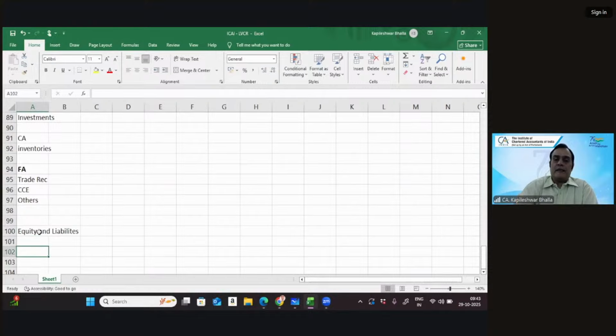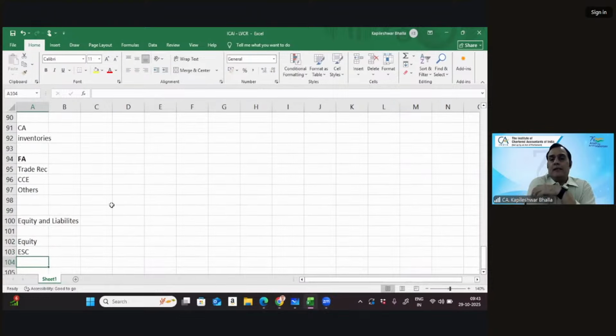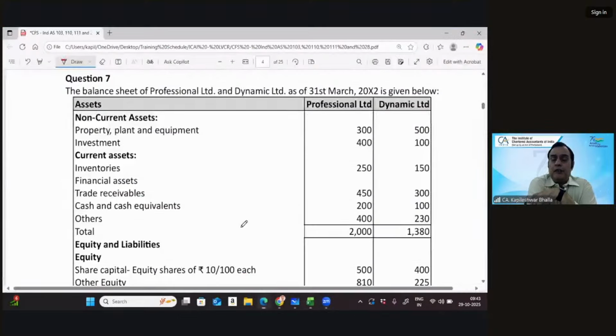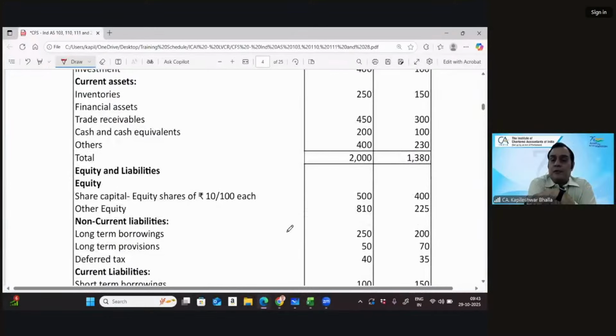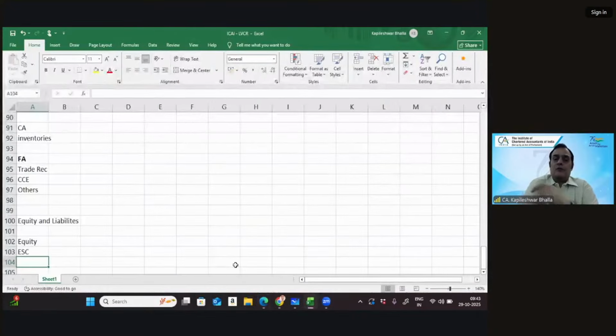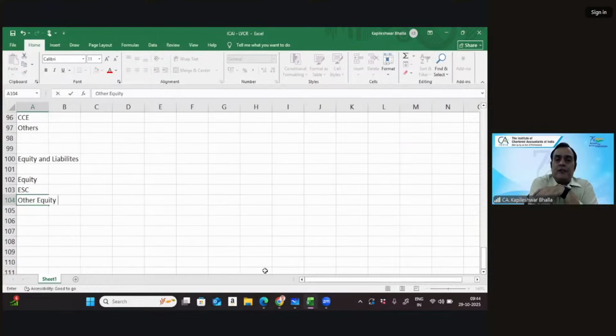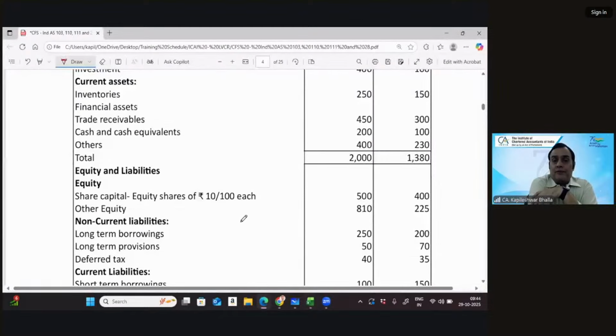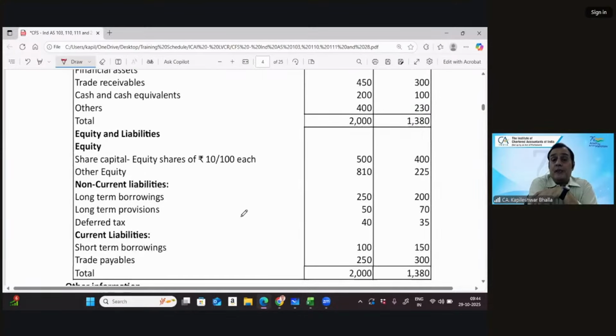So we've got equity, and within the equity we need to show the bifurcation as well. That is equity share capital, and apart from the equity share capital, we are also given the other equity, so we'll show the other equity as well. Then after these, we are given the non-current liabilities. Remember, we also need to consider the deferred consideration.